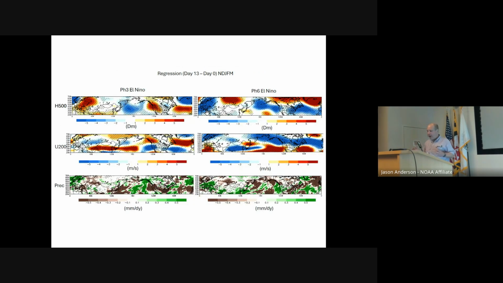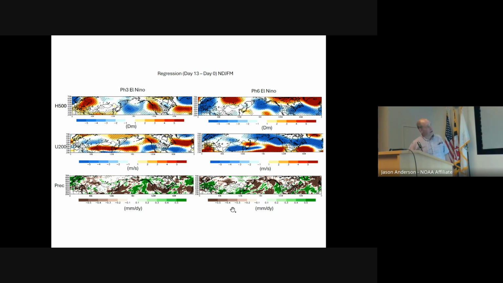So if you're a forecaster and you're in phase 3 or phase 6, if you're in El Nino, it's the same signal. In other words, I expect to get NAO positive for phase 3 and NAO negative for phase 6, exactly what I get for the height data, the wind data, and the precipitation data, all consistent.